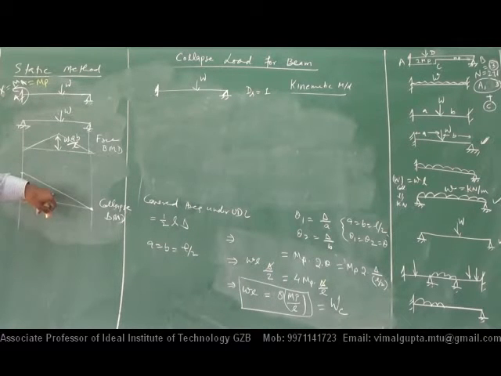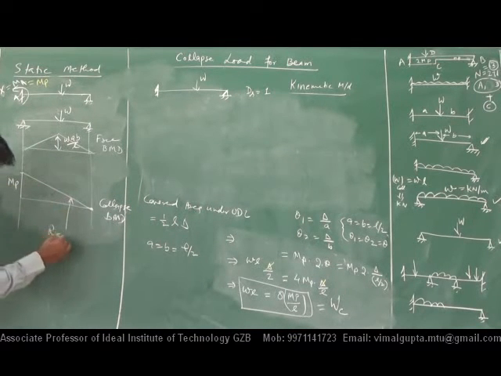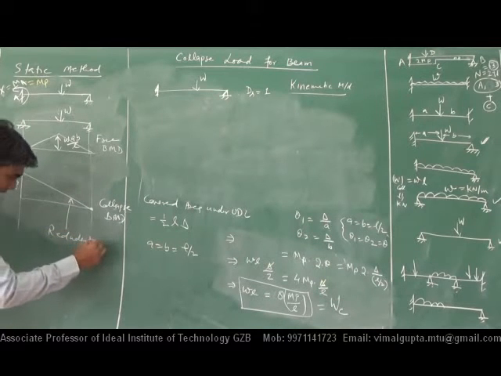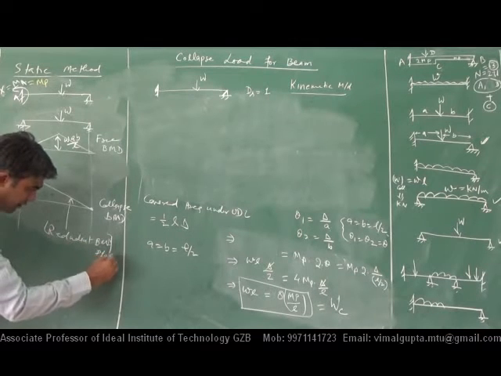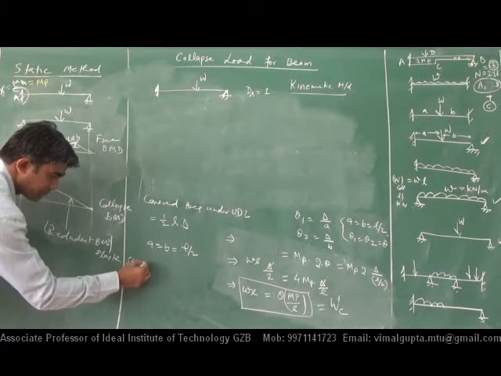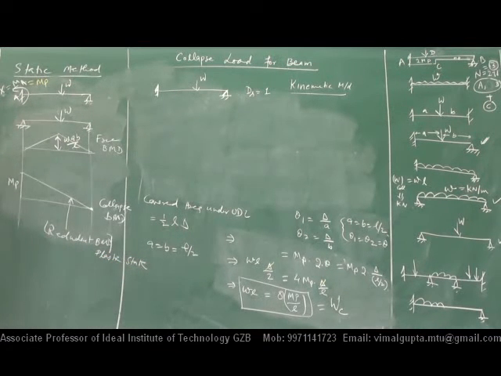This is the redundant BMD at plastic state. In elastic state, it will not be MP. It will be less than that.